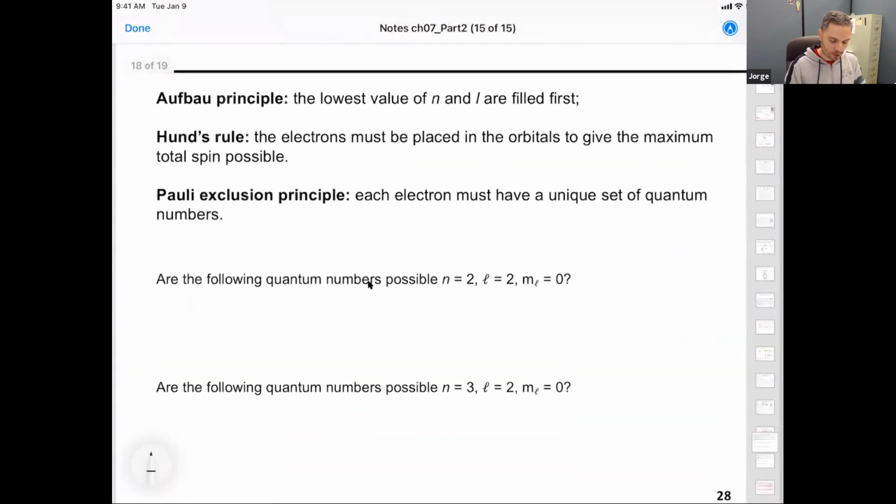Okay, so we talked a little bit about the Aufbau principle, and that's the order that you follow to fill the shells and subshells, starting with the lowest energy and moving on. Okay, and that's the direction of the arrows. I showed you Hund's rule. That means the electrons must be placed in the orbitals to give the maximum total spin possible.